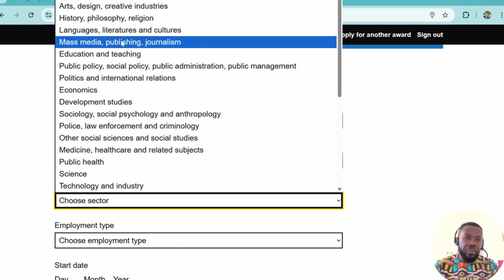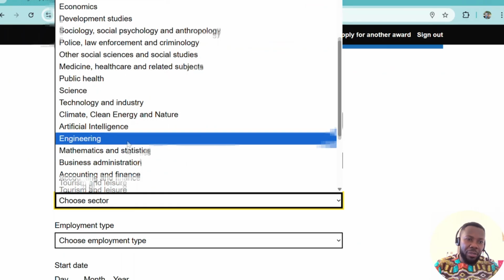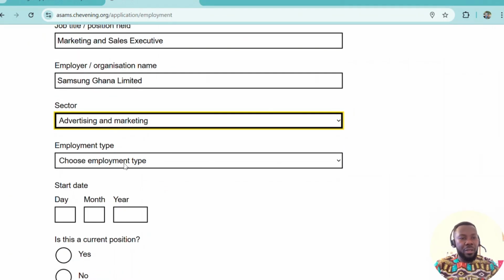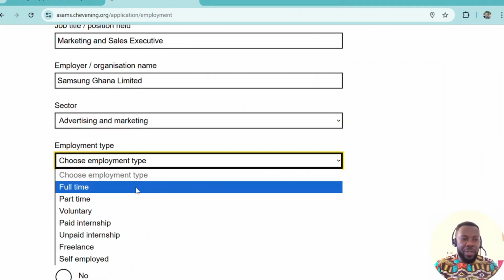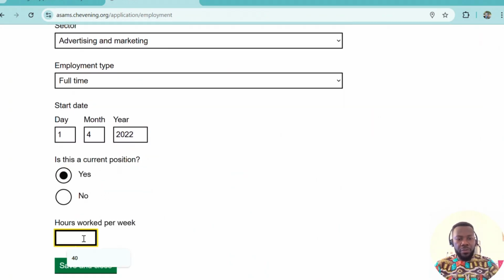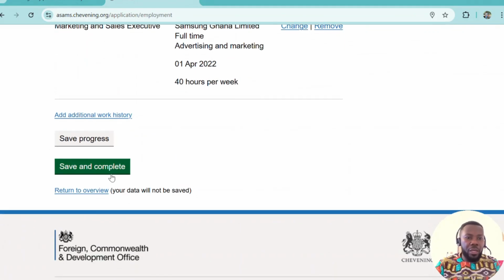Sector, I saw marketing somewhere. Advertising and marketing. Employment type, full time. Start date, April 2022. Yes, 40. Save and close. And then now you can save and complete.